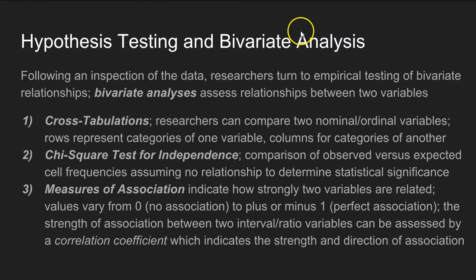They indicate the strength of a relationship, with values ranging from 0, no association, to plus or minus 1, a perfect association. Depending on whether it's plus or minus, it also indicates the direction of the association. So a correlation coefficient indicates the strength of the association as well as its direction.